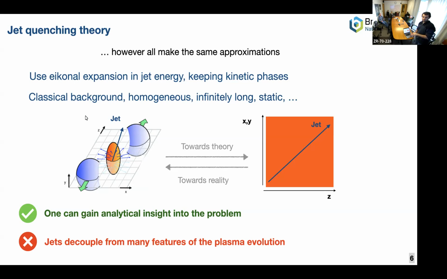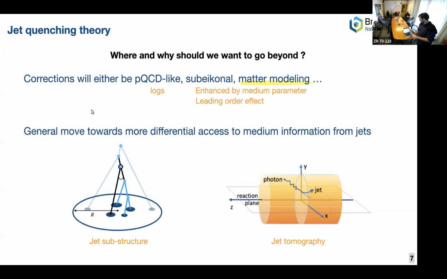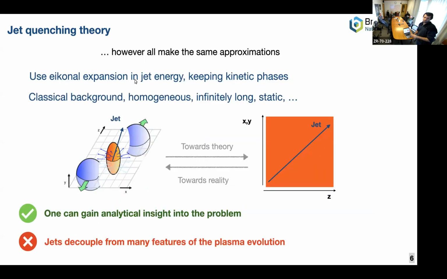The other big approximation is that the way we model the matter, the quark-gluon plasma, is to assume that it can be described by some classical field or stochastic field. And on top of that, in many calculations, there is an assumption that the medium is homogeneous, infinitely long and static, which is the perfect picture.